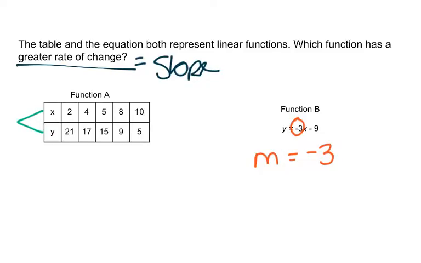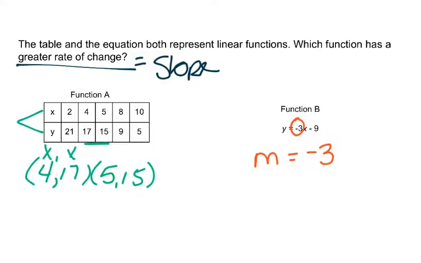So I'm going to choose 2 different ordered pairs. It doesn't matter which ones I choose. I'm going to choose these 2 right here, and I'm going to write them out: 4, 17, and 5, 15. And then I know that I have to use my formula, so I'm also going to write x1, y1, and then x2, y2, so that I know where to put my things in the formula.